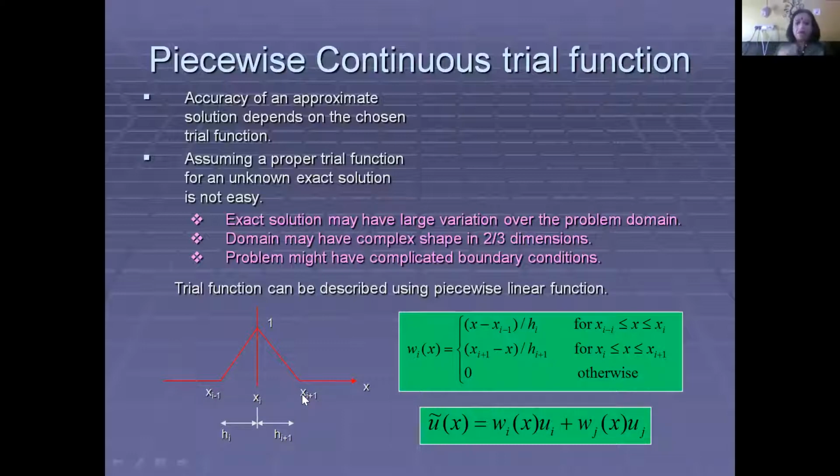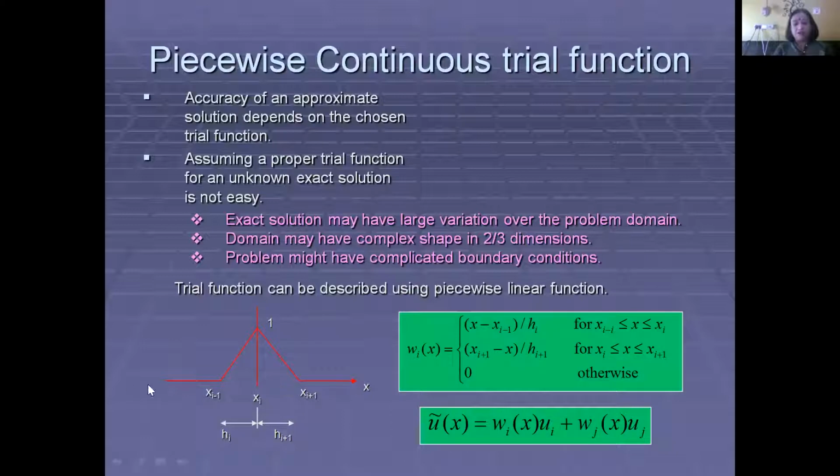Now, I am choosing a particular function wi such that wi(x) is equal to (x minus xi minus 1) divided by hi in the region between xi minus 1 and xi. And in the region between xi and xi plus 1, wi(x) is equal to (xi plus 1 minus x) divided by hi plus 1. It is 0 otherwise.